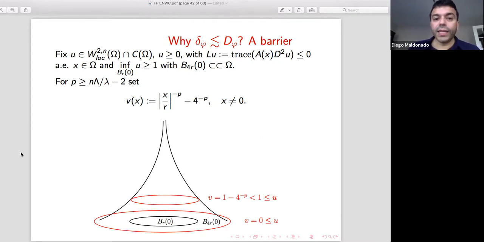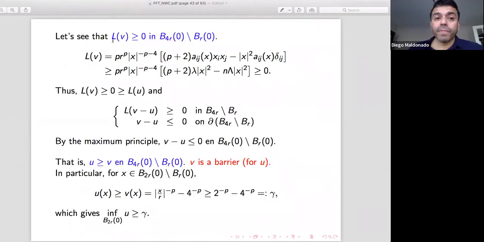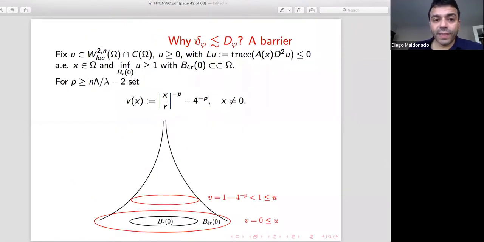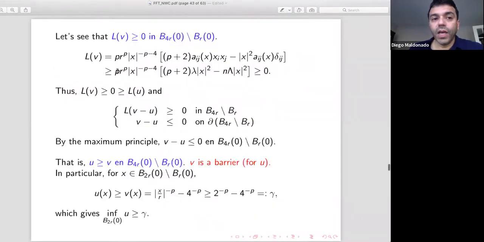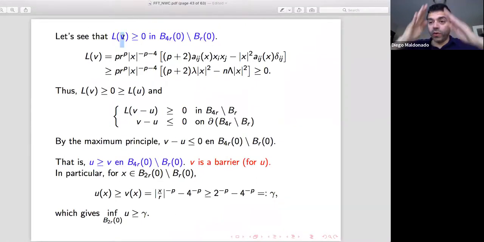All right. And then what we do is, say we have that this L, acting on the V, on the barrier, is non-negative on that annulus, right?